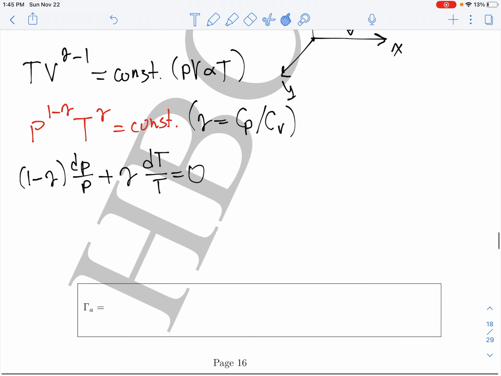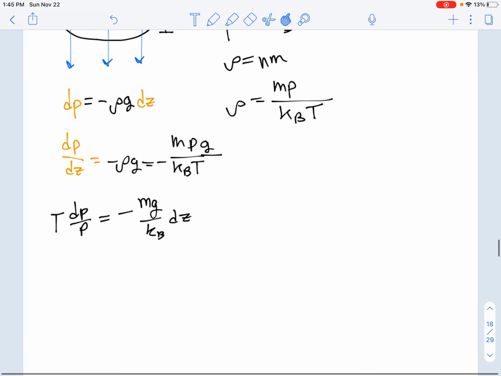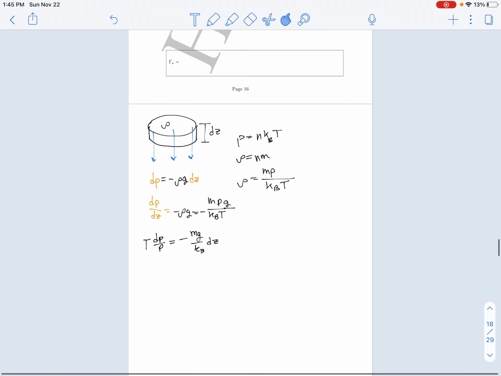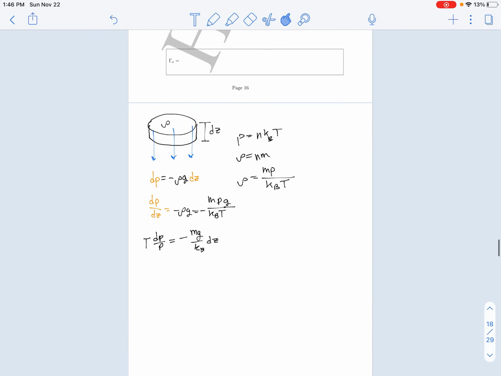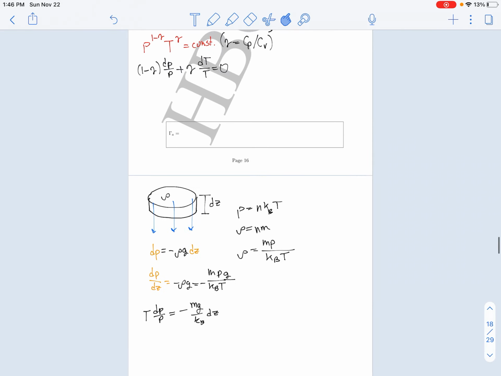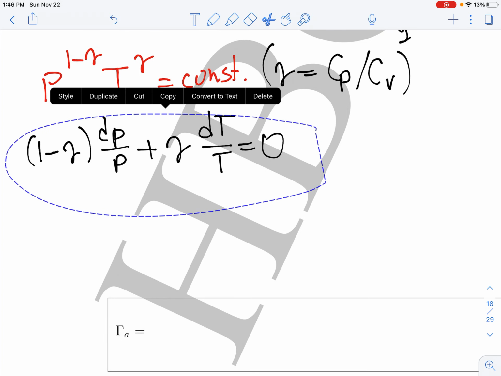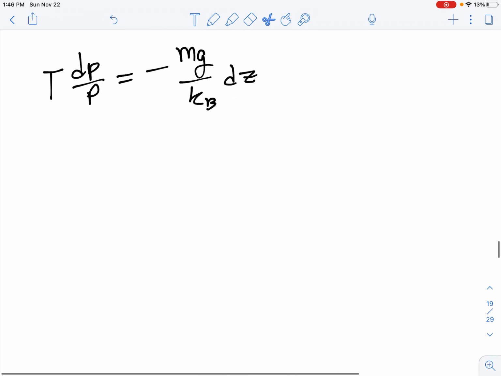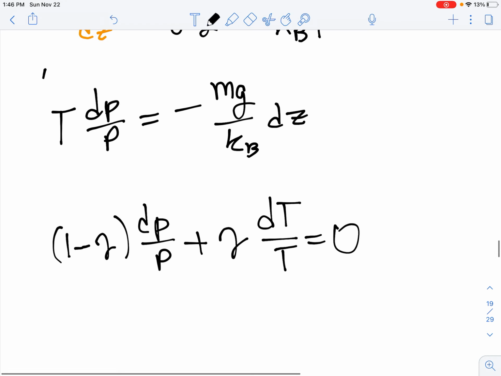Because of this, we can now go back into this equation and substitute dP/P with what we got. Let me copy and paste this equation. So these are two equations that we currently have.